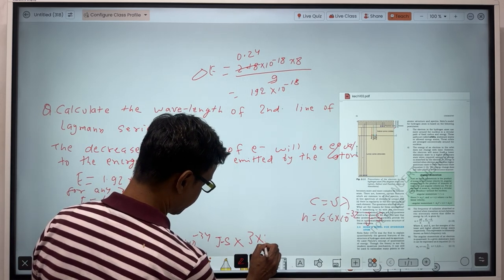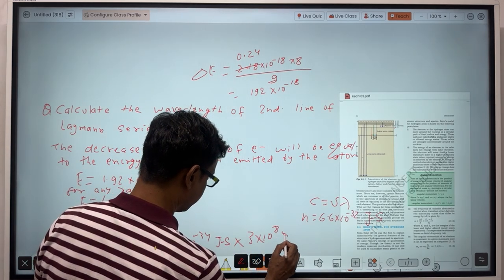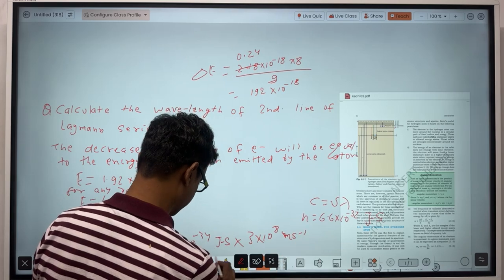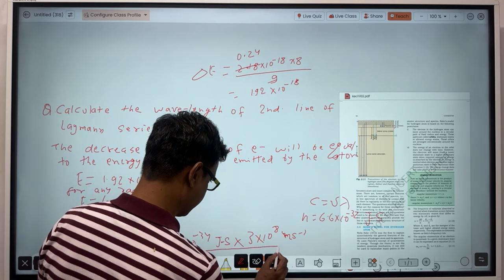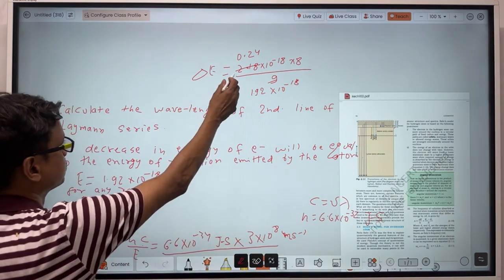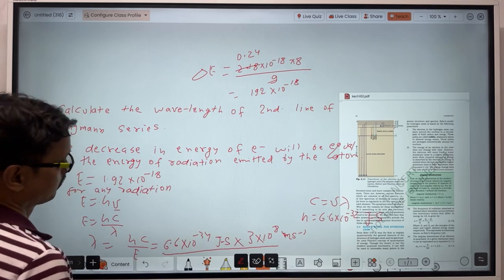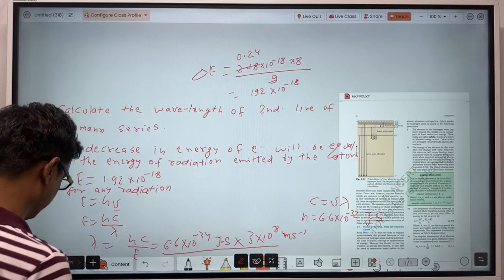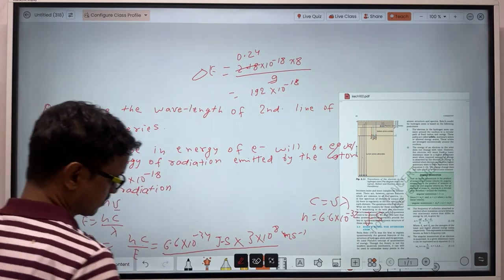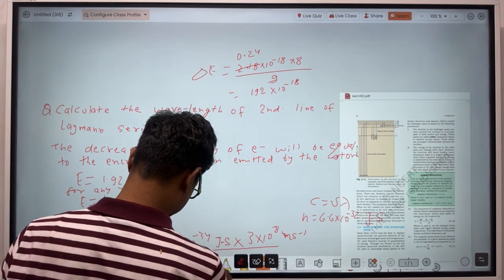Velocity of light is 3 into 10 to the power 8 meter per second, that upon, okay, I am writing here, space is not so much.